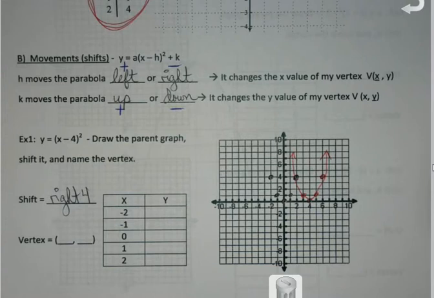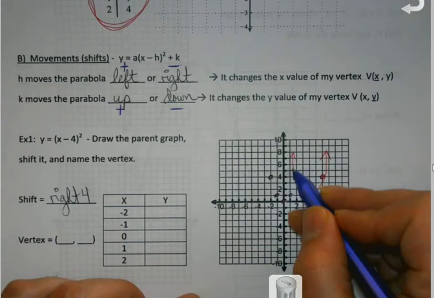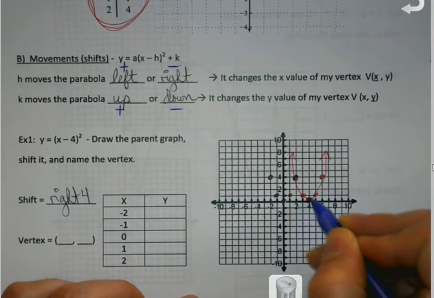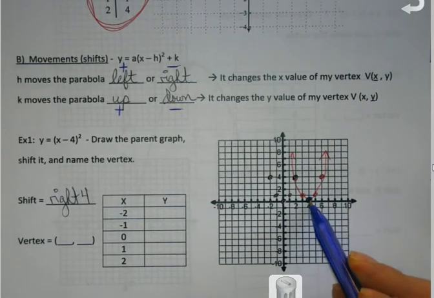Now here's what I want you to notice though. Let's go looking for the vertex, and then we're going to get this part filled in because I want you to see how this works. So my graph's going down, down, down. Then it hits right here and starts going back up. What point is that?